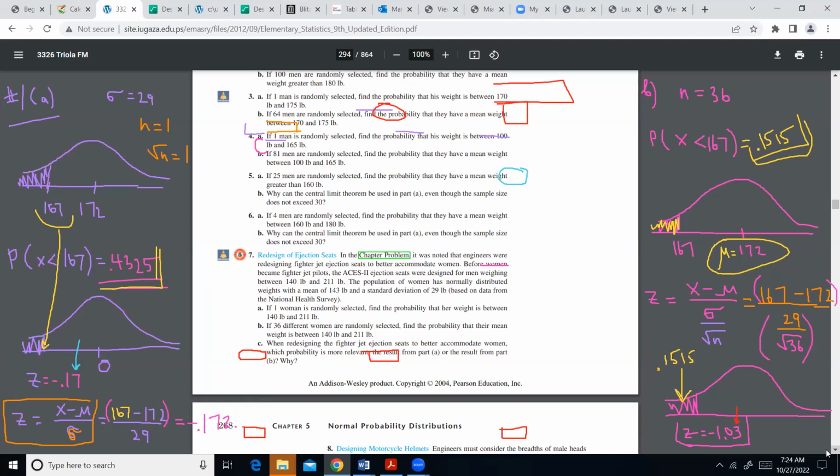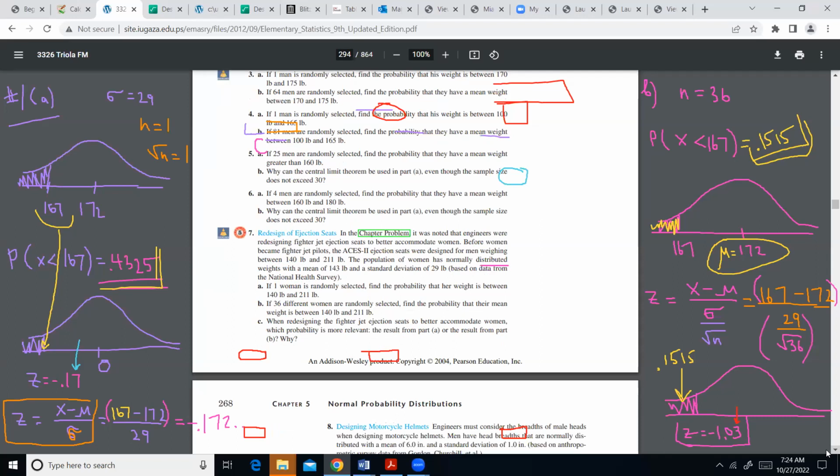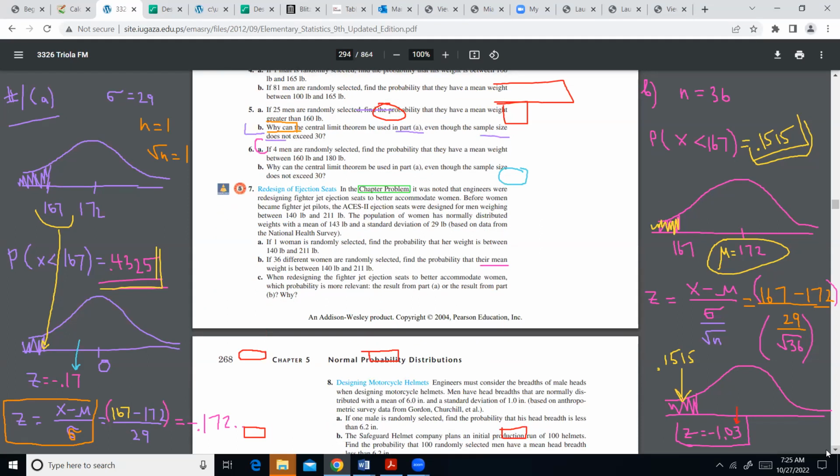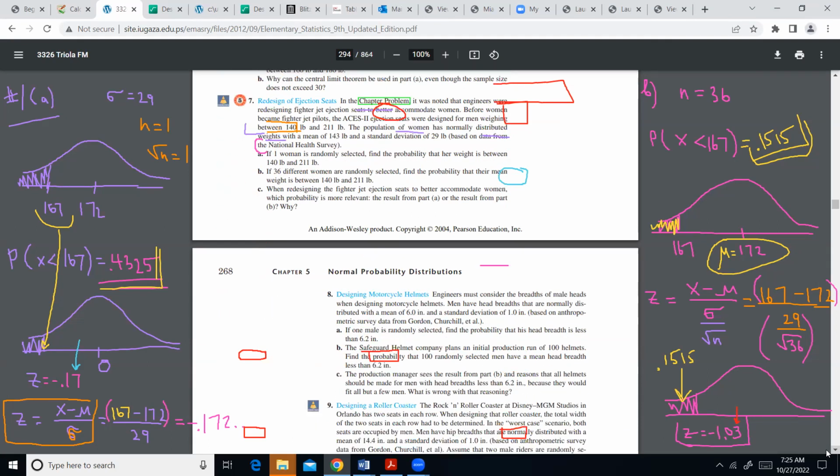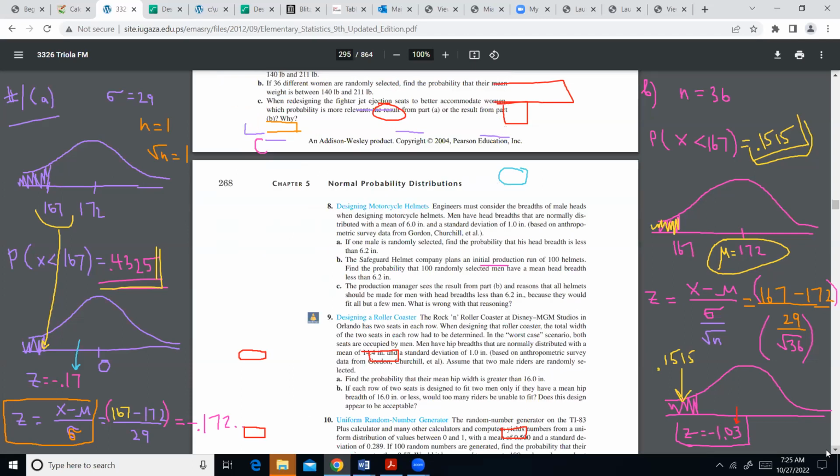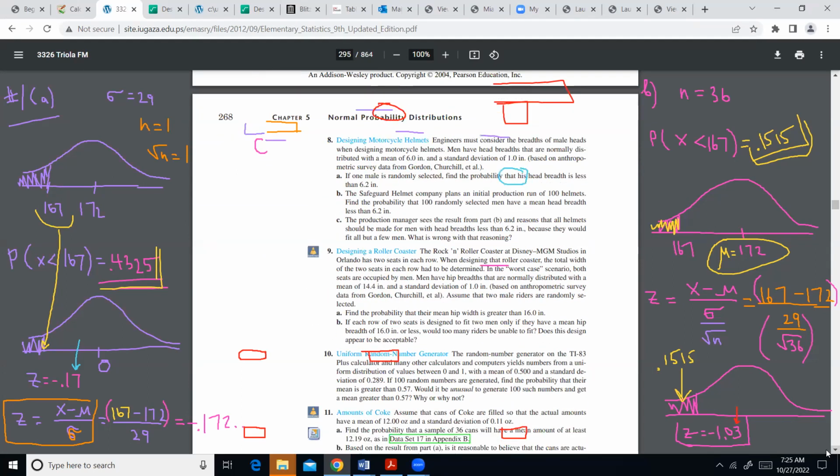So where do we use this? The average for people. Well, let's say if you care about people being put together, how about problem number 9? I think that could be a good example. The design of roller coaster seats, because usually when somebody rides a roller coaster, it's not just one person there, right?